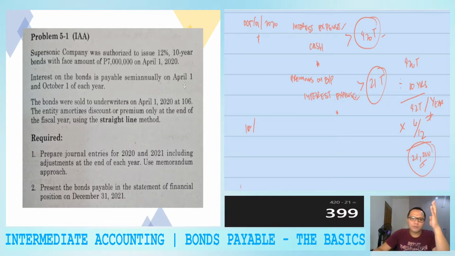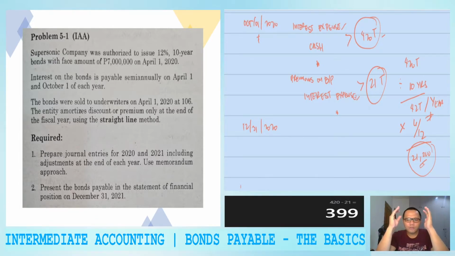That is why it is very vital that we make adjustments on December 31, 2020. Because if we will not make any adjusting entry, then the interest expense in 2020 would be understated.